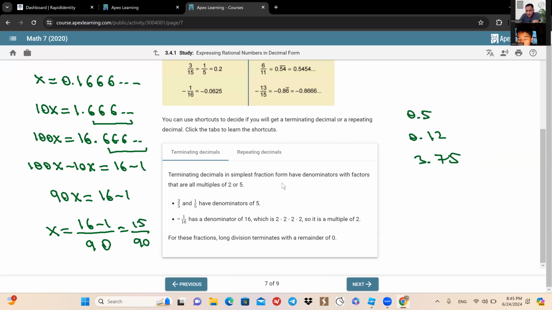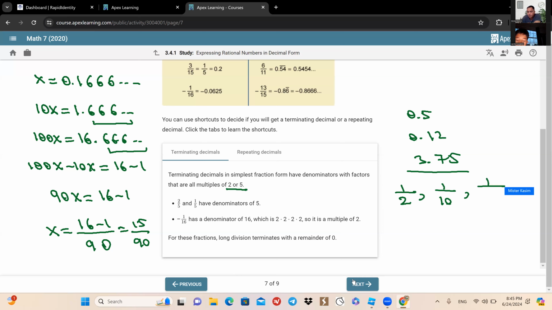So we are saying that for a decimal number to be terminating, its denominator's factors must all be 2 or 5. So if the denominator is just multiples of 2 or 5, then it is a terminating decimal. For example, I can write 1 over 2 or 1 over 10 because 10 is 2 times 5, right?